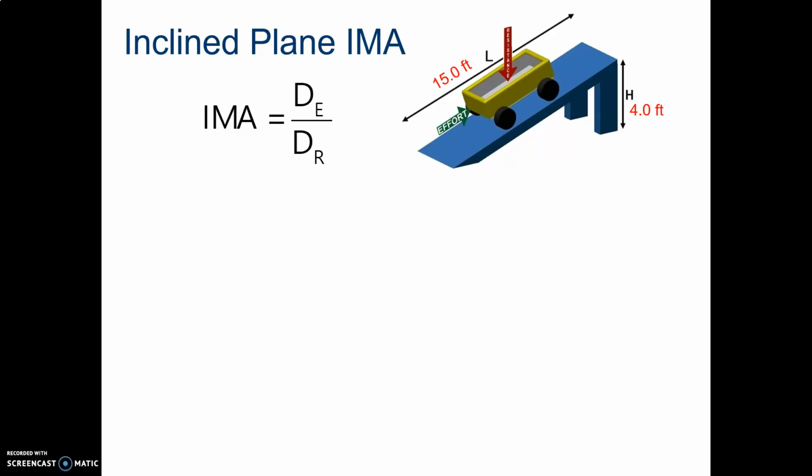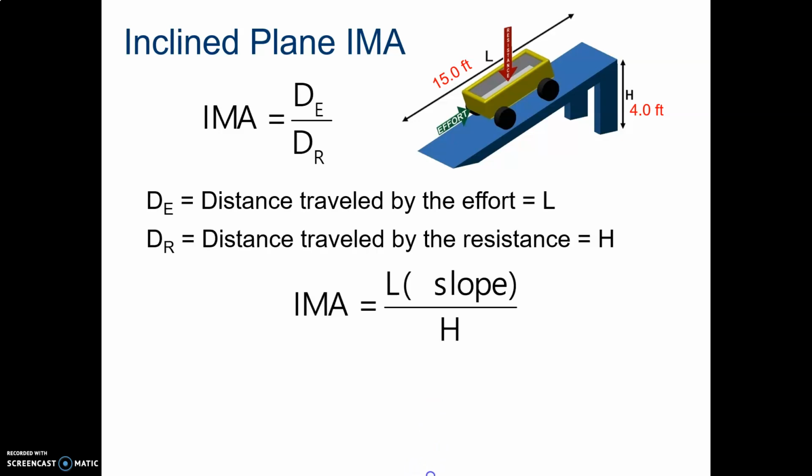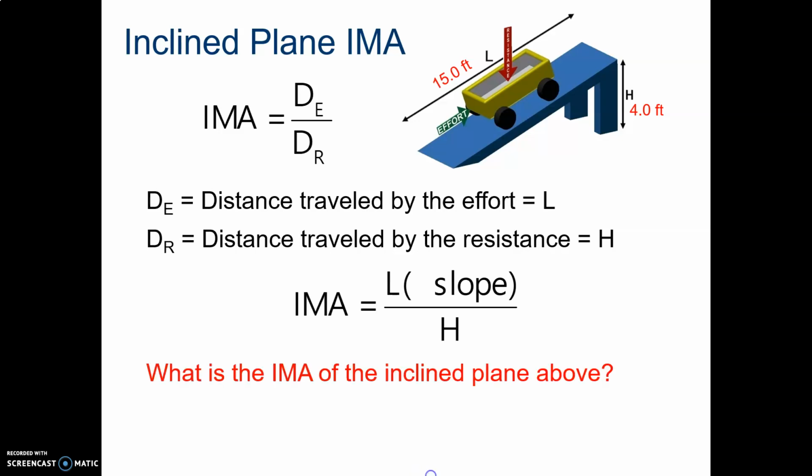How high vertically did you move that? So 4 feet. So to find the ideal mechanical advantage, you're going to take L, which is 15 feet, and divide it by 4 feet. And when you do that, you get 3.75. I would be perfectly okay if you left it just like this, 3.75. You do not need to write it in this ratio form.